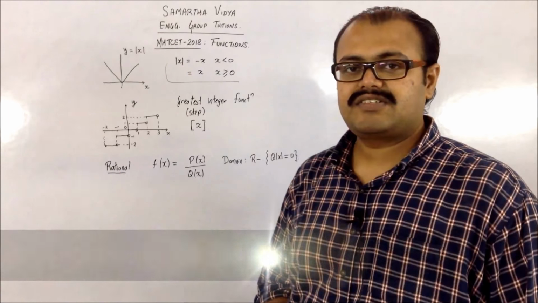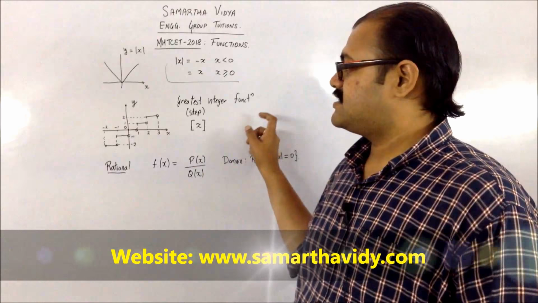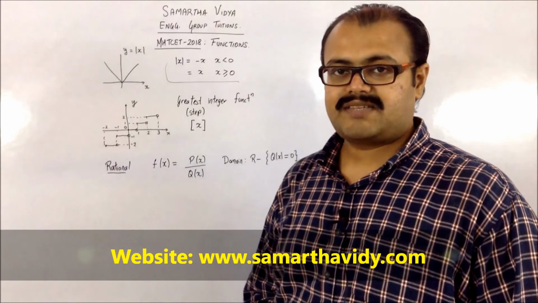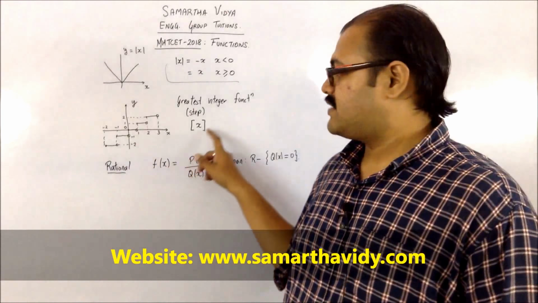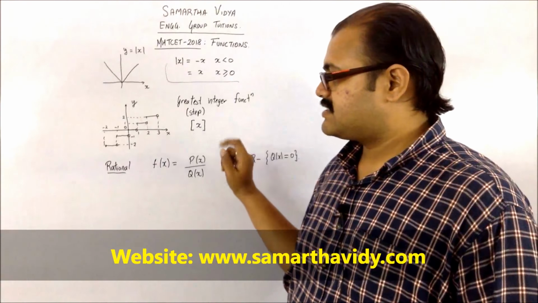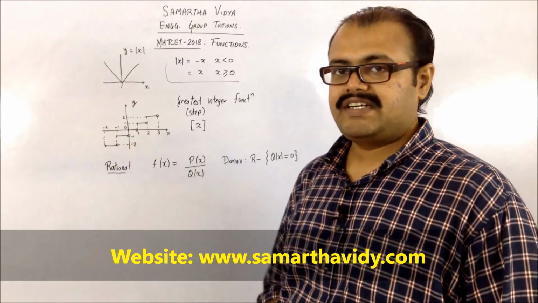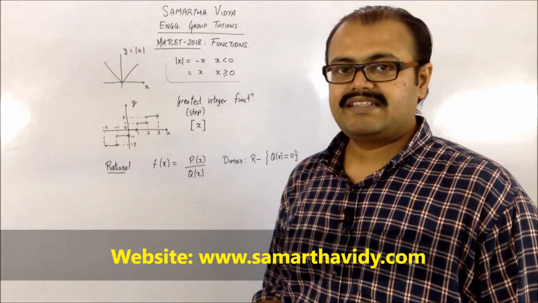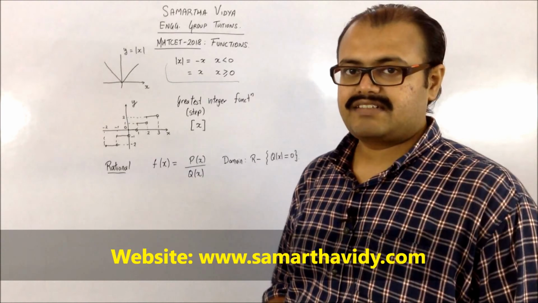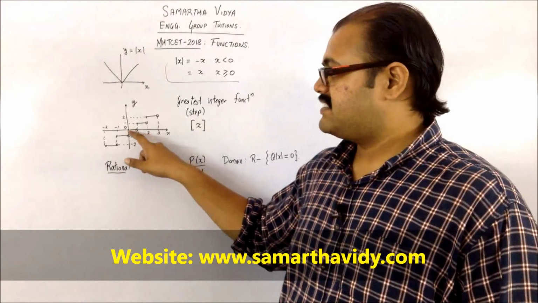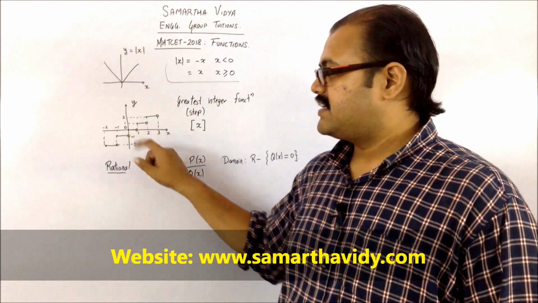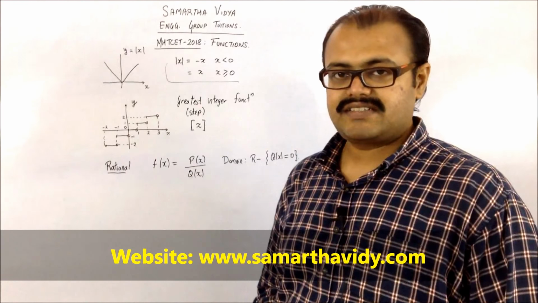The next function is called the greatest integer function, which is also called the step function, and it is denoted by square bracket x. In this, you have to remember that for any value between two integers, it takes the least integer of that range. So if you have 0 to 1, it has the value 0.